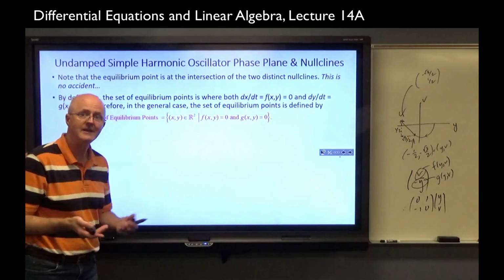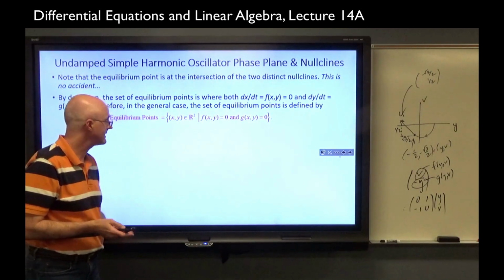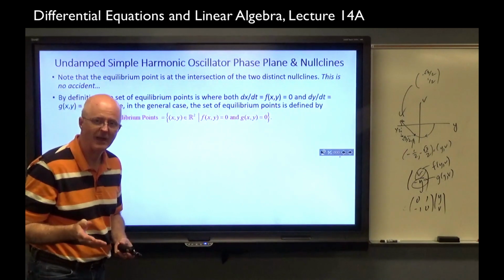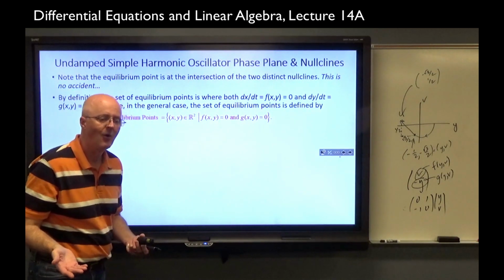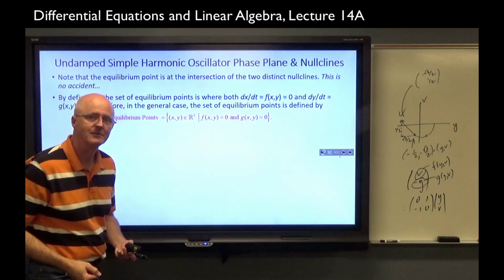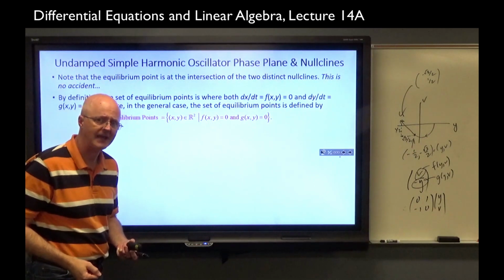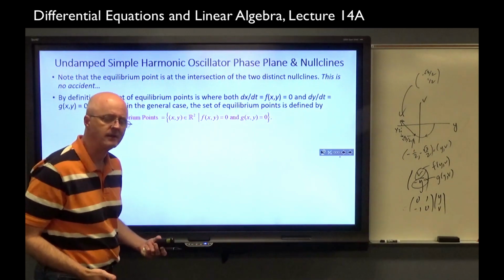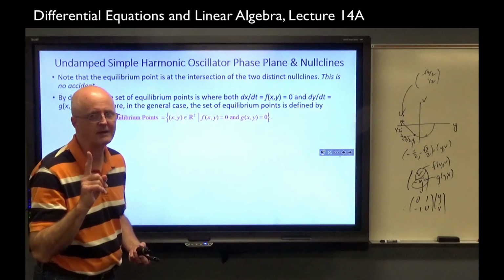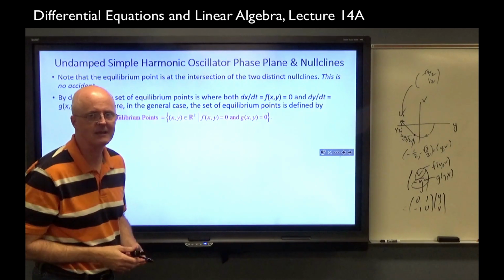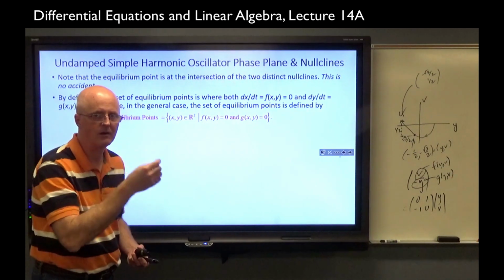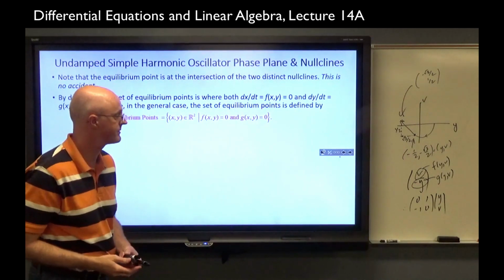We'll see that for linear systems, the set of equilibrium points is either the origin, and that's the typical case, or a line through the origin, or in the most degenerate case, the entire plane. That only happens for one matrix though. That's if capital A is the 0 matrix, 0, 0, 0, 0, all zeros for the entries.